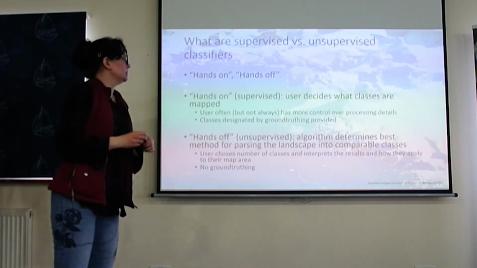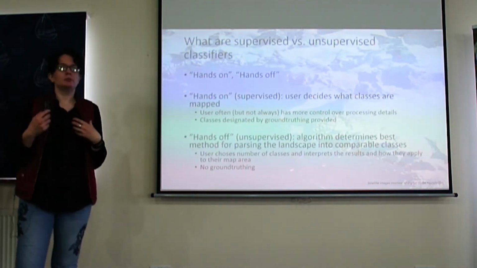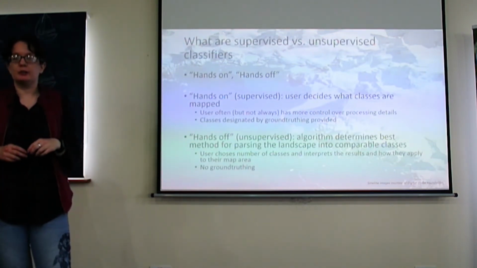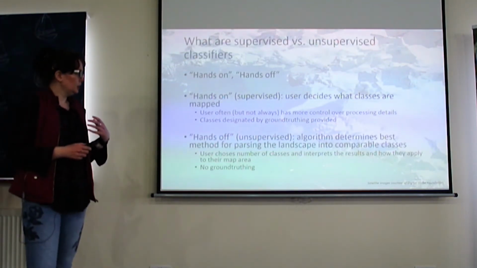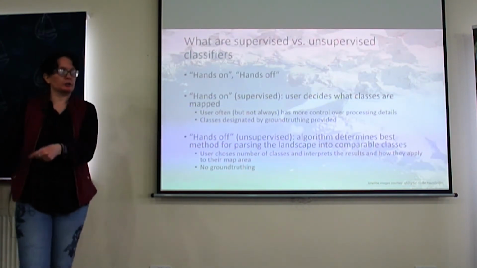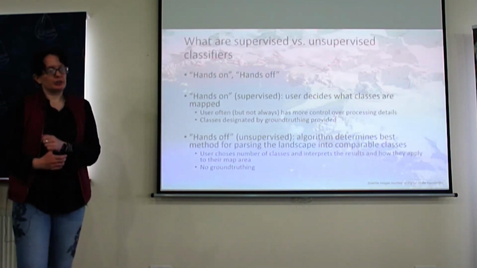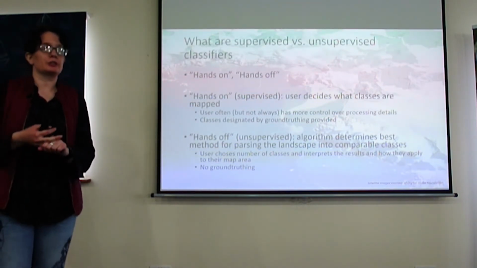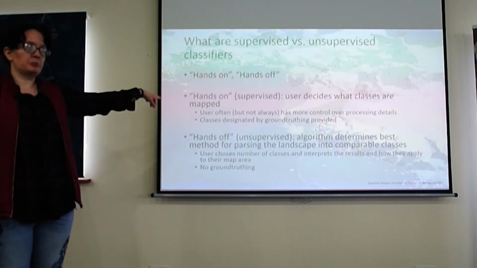Supervised classification is a bit more hands-on. As you can kind of guess from the name, it requires a lot more babysitting, I guess you could say, on the part of the user. You will be telling it which classes you want to map, not just the number, but which actual classes. So you're saying, I want to map where there is tussock, where there is bare earth, where there's white grass, where there's kelp, and you list all the things that you want to be able to see, and then you give examples in your ground truthing.